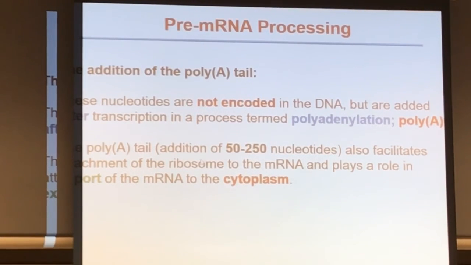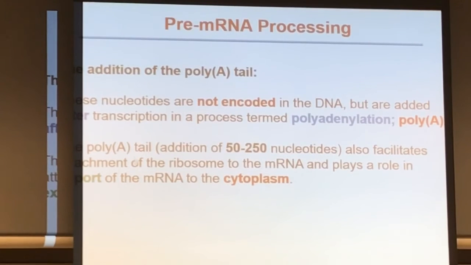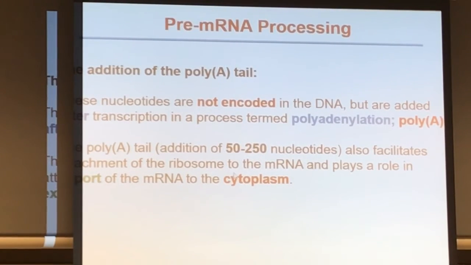The poly A tail, an addition of 50 to 250 nucleotides, also facilitates attachment of the ribosome to the mRNA and plays a role in export of mRNA to the cytoplasm. Addition of the poly A tail favors the proper transport of the mRNA from the nucleus into the cytoplasm.